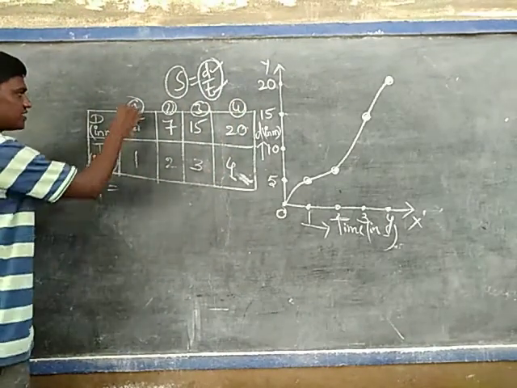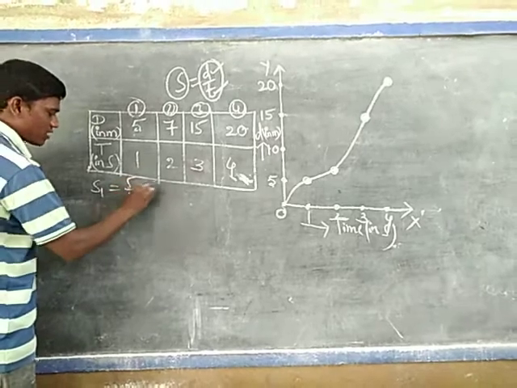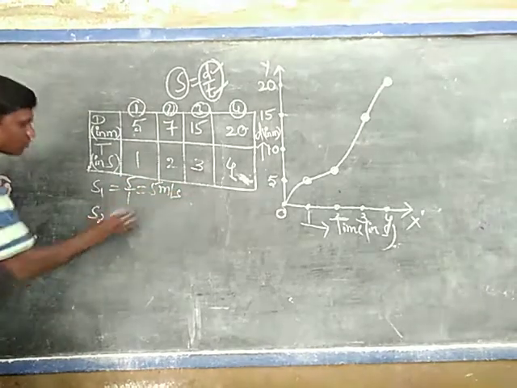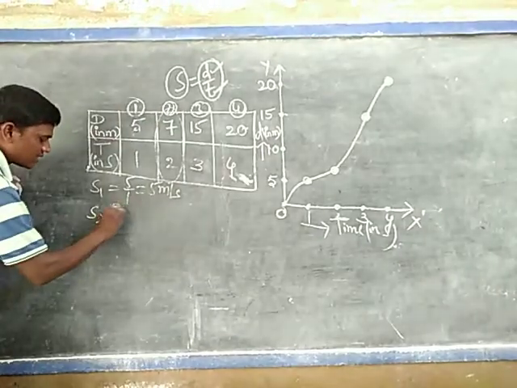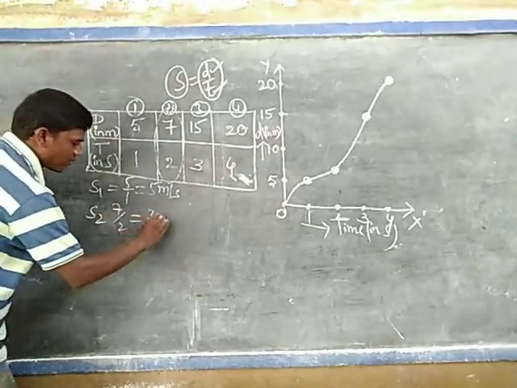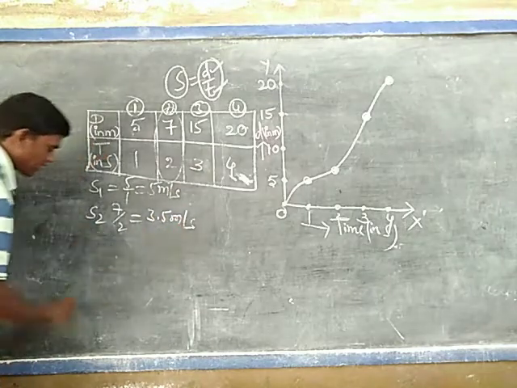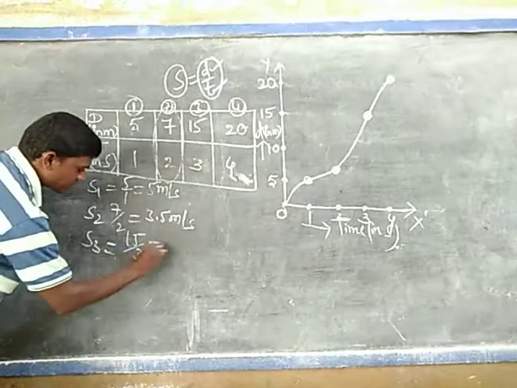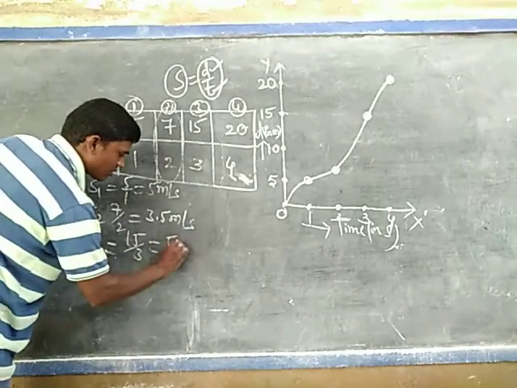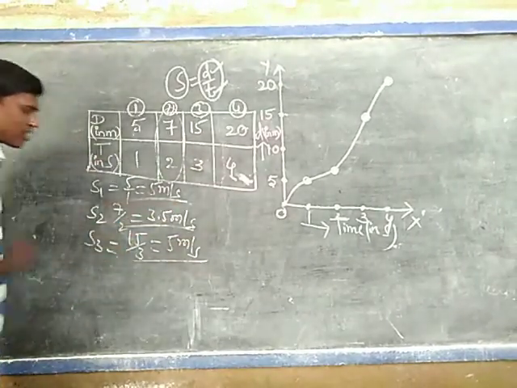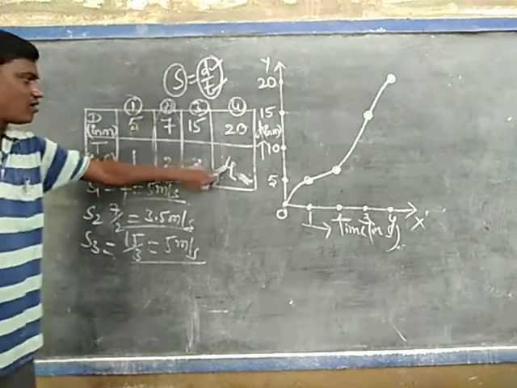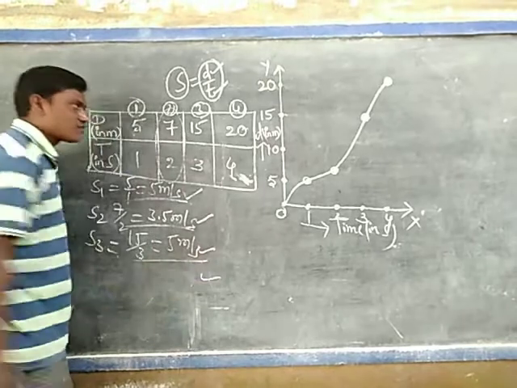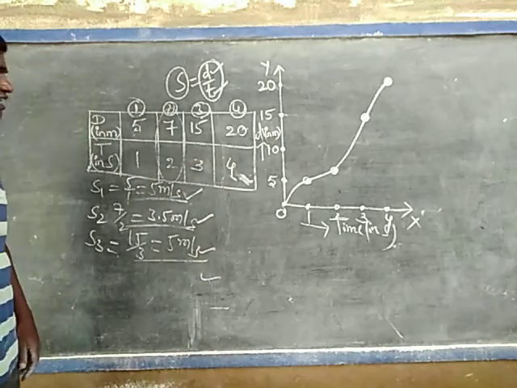Speed 1 is distance by time, 5 by 1. What is the speed? 5 meters per second. Speed 2 for the second case is 7 by 2, 3.5 meters per second. Speed 3 is 15 by 3, 5 meters per second. Like the same way, 4, 5. So 5, 3.5, 5, 5.